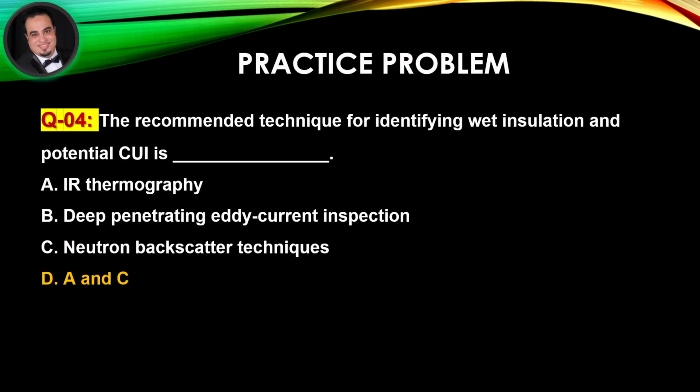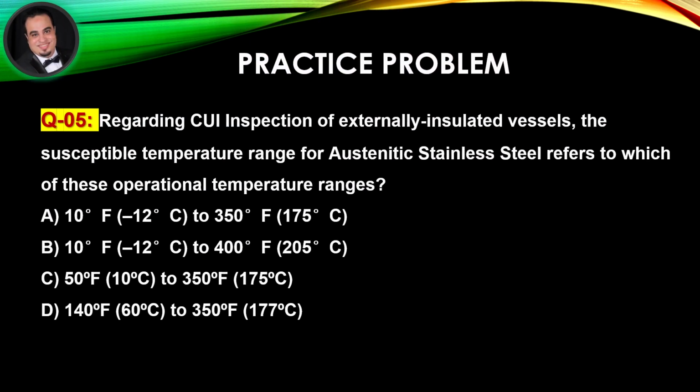Answer is D. Question number 5. Regarding CUI inspection of externally insulated vessels, the susceptible temperature range for austenitic stainless steel refers to which of these operational temperature ranges? Answer is D.